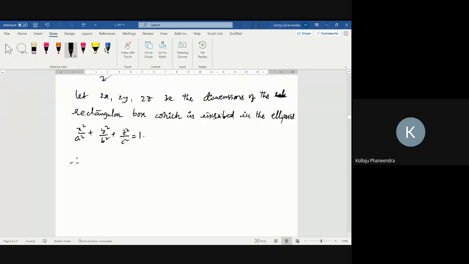Therefore, what I have to maximize? Find the volume of the greatest rectangular parallelepiped. So volume of the rectangular parallelepiped, or rectangular box, you can write, is V equal to how much? 2x, 2y, 2z, right? That is 8xyz.